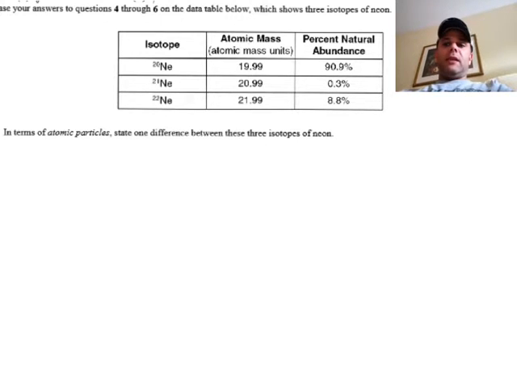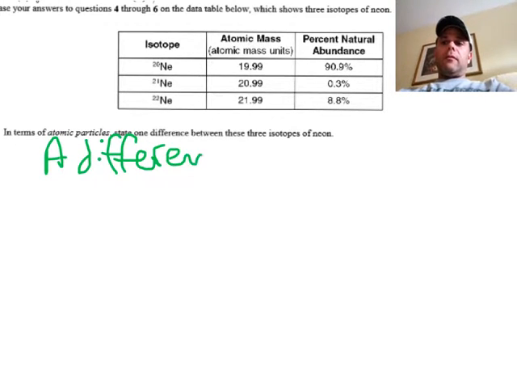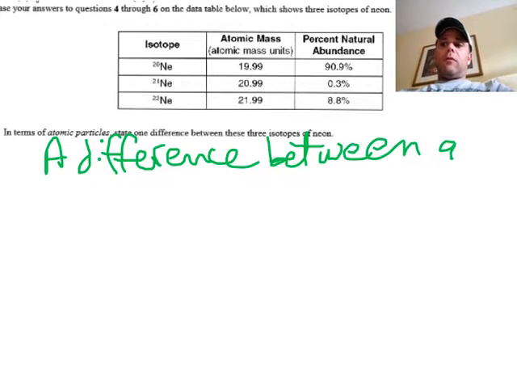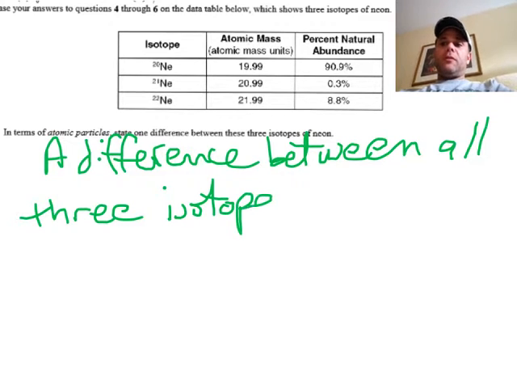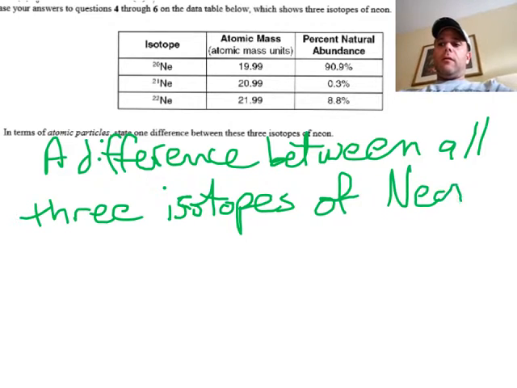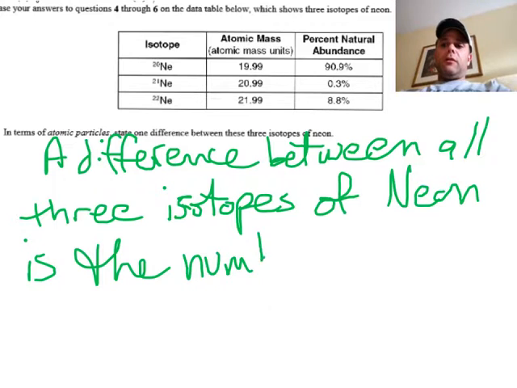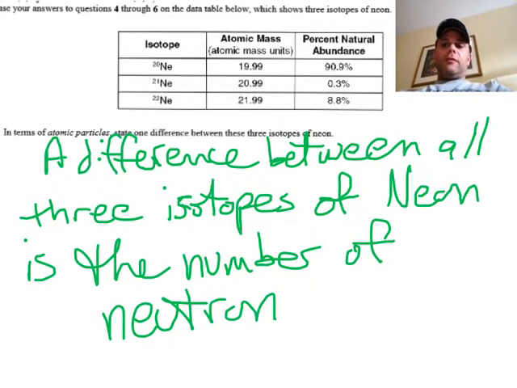And we must say that a difference between all three isotopes of neon is the number of neutrons.